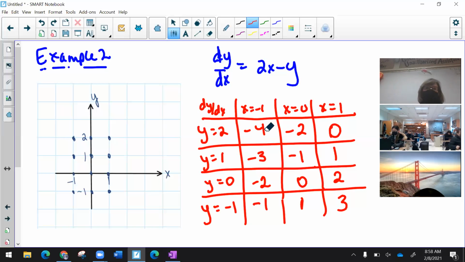So now we have our slopes at all of our points, and we're going to substitute them in. This does not have to be perfect, but a couple things to remember. You know what a slope of 0 looks like. You know the difference between positive and negative slopes.